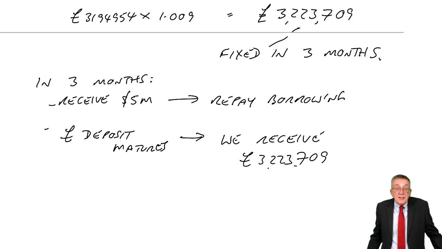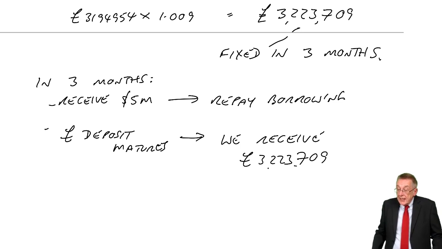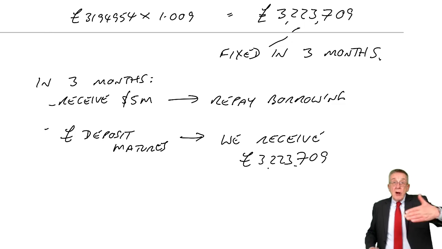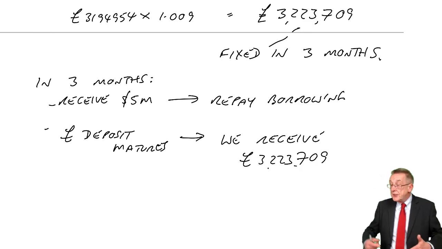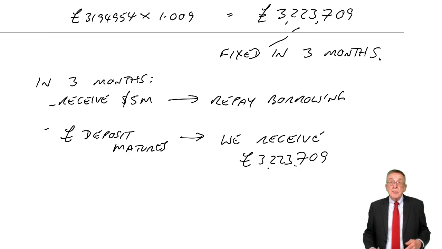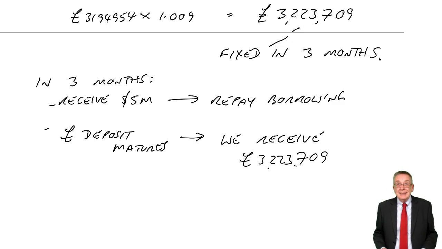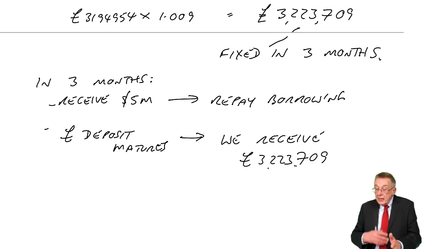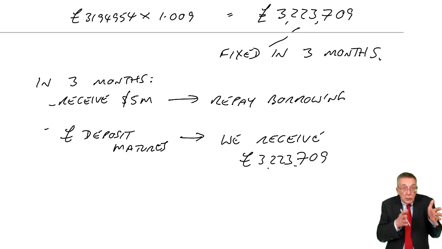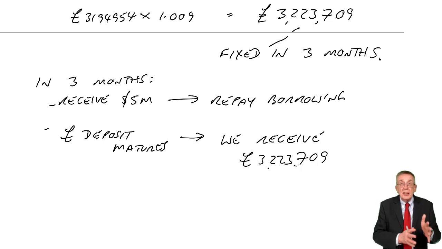And so the end result is just like having used a forward rate. It was messier, but by arranging that borrowing at fixed interest, by arranging that deposit at fixed interest, by converting today, the end result, there's no net cash flow now. You borrow money, convert, deposit money, so there's no net cash flow.